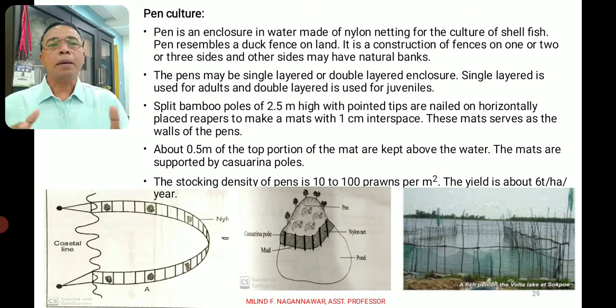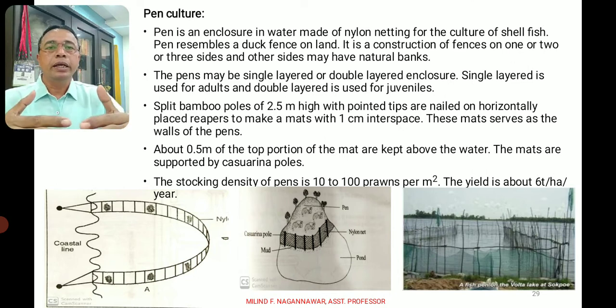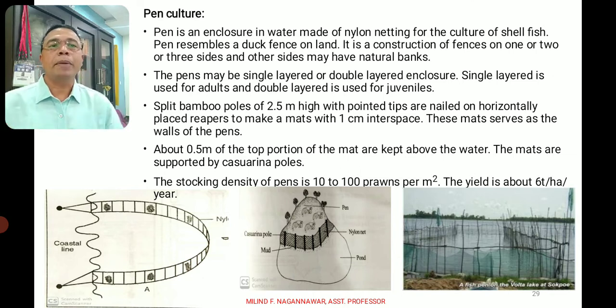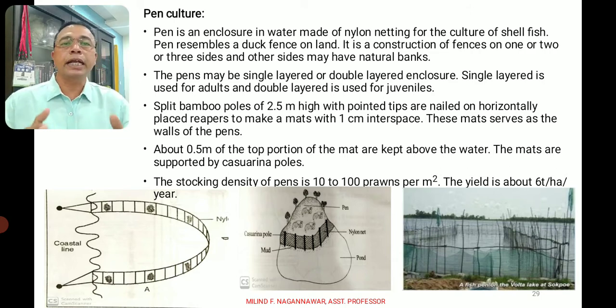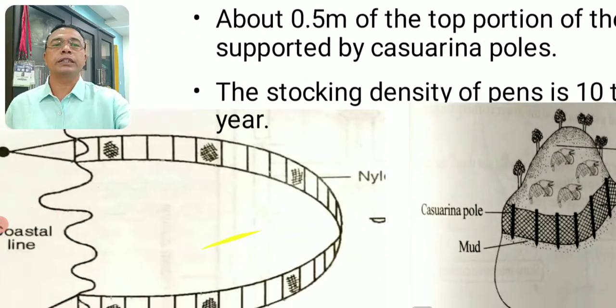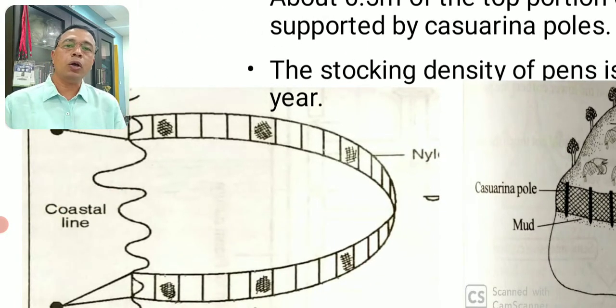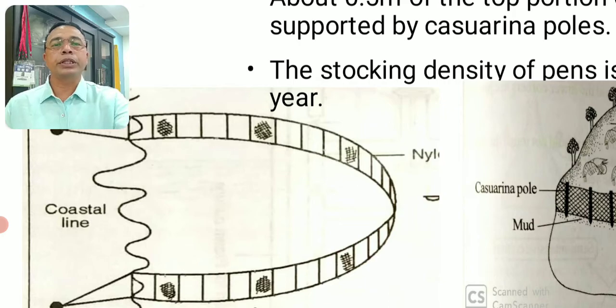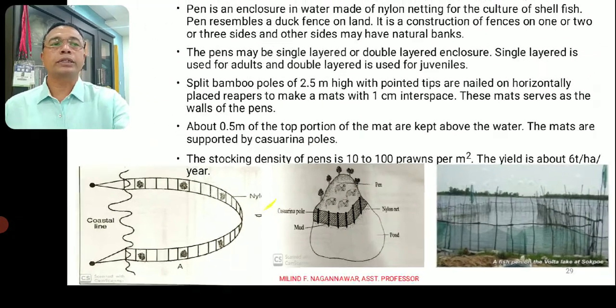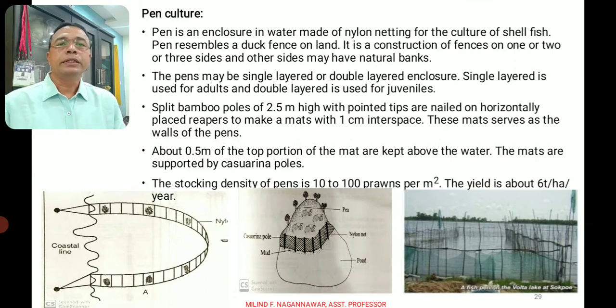For example, one, two, or three sides are covered with nets, the fence is constructed on those sides, and one side is left with the natural bank so that there is an entry of water. This pen culture, if you see it, resembles a duck fence on land.